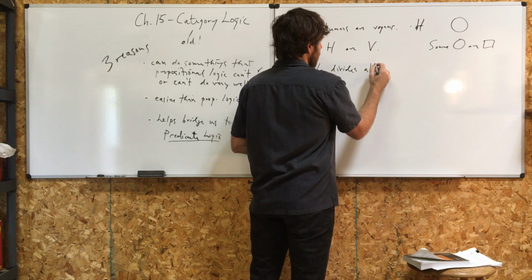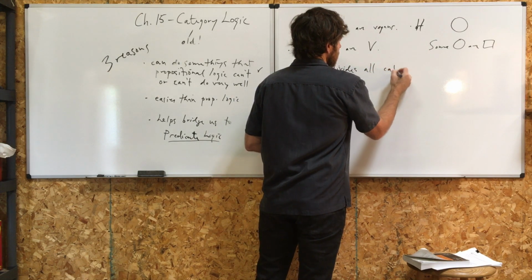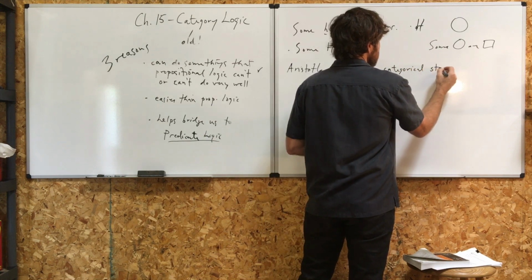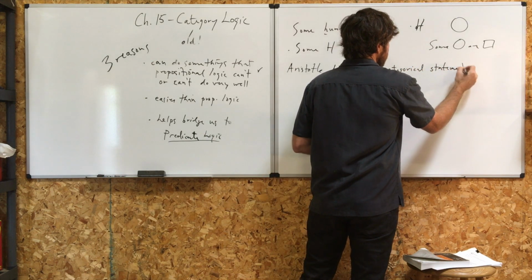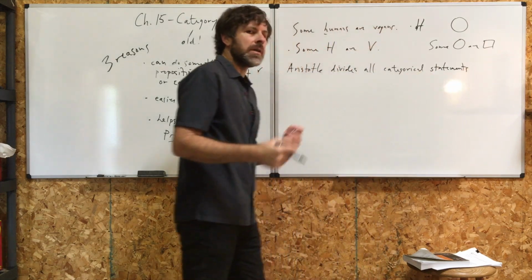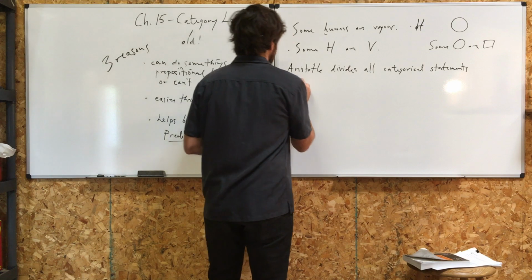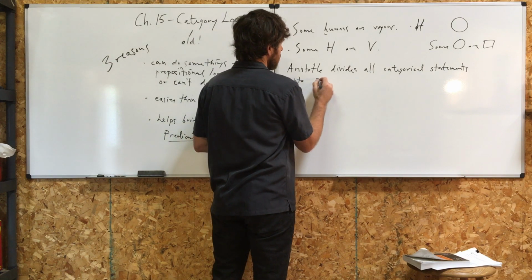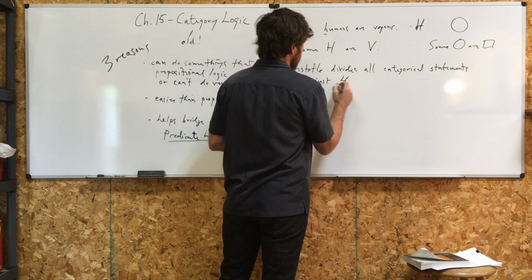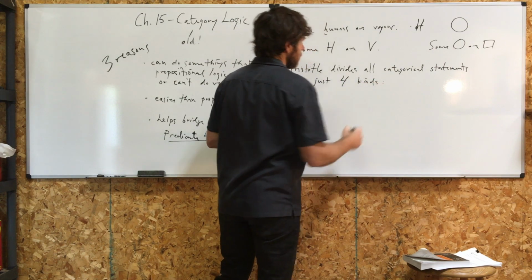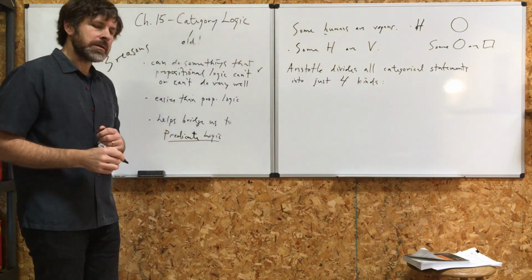Aristotle divides all categorical statements. So these would be statements used in his logical system that relate categories together. He divides all categorical statements into just four kinds.